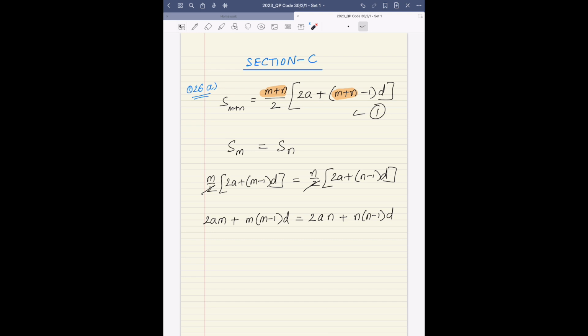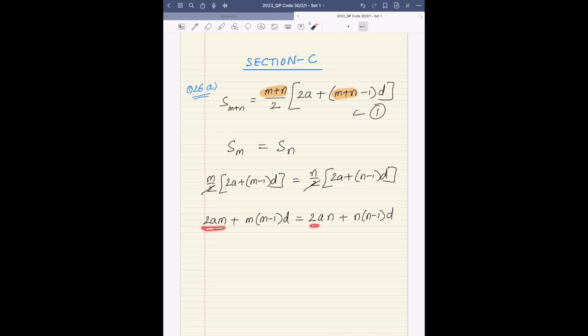So if you look over here, we need to have this expression, because either we need to show this bracket as 0, or if we solve this we might get m plus n as 0, then also we are done. We have proved it. So the hint is that a and d terms should be on the same side, right, or together.